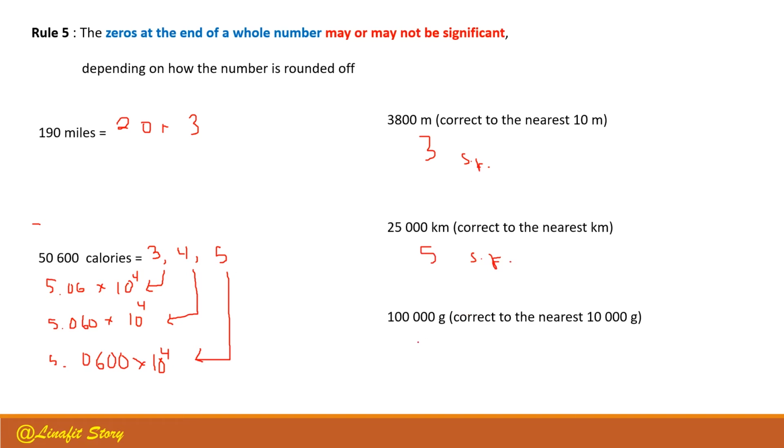So this is 2 significant figures. Why? Look over here. If 100,000 divided by 10,000, so the answer is 10,000 grams. So this is 2 significant figures.